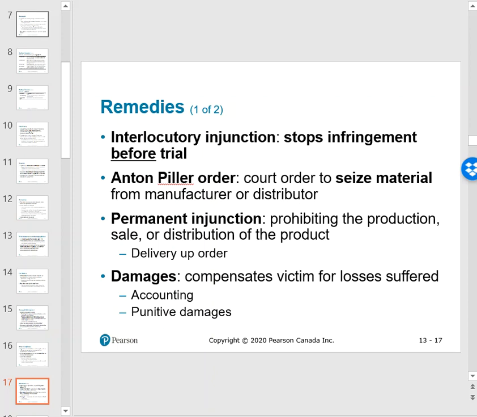If I get an Anton Piller order, you wouldn't have the opportunity to destroy your laptop computer, because when you got the civil claim and this order, your laptop computer would be seized. So this is very important for intellectual property in a way to protect offending goods, offending material that would be key evidence for the trial, for that lawsuit. So this order is called Anton Piller order, and you should know this order. You should remember and memorize this.